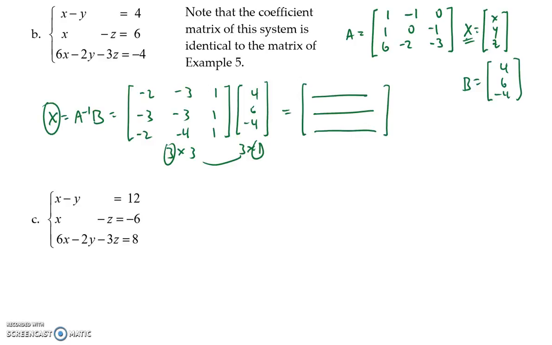3 entries. For the first row, it'd be -2 times 4 is -8. We're taking the first row with the column for B. -3 times 6 is -18, so plus -18. And then plus 1 times -4 is -4.